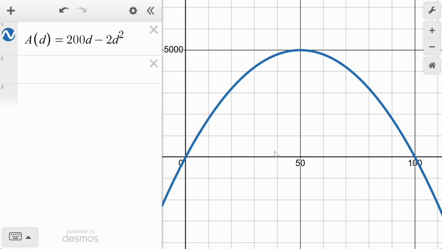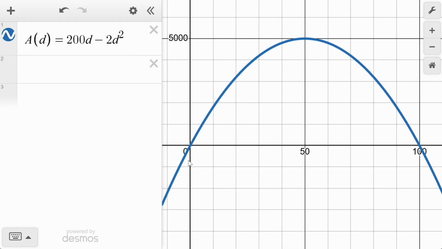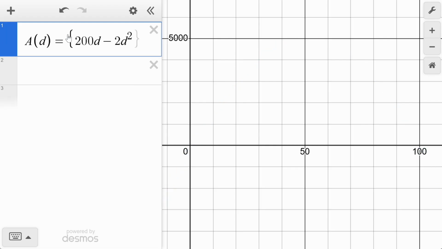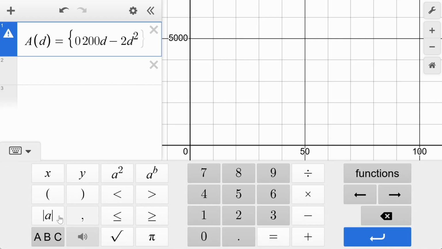And again, for this one, we want those endpoints in there. We don't want it to continue into the negatives. We can't have negative dimensions. So the way you can do that on Desmos is, again, put these curly brackets in here. In this case, I'm using d. I'm going to put in here that d has to be, got to go back down into this menu again, less than or equal to, and we said that the biggest d could be was 100.